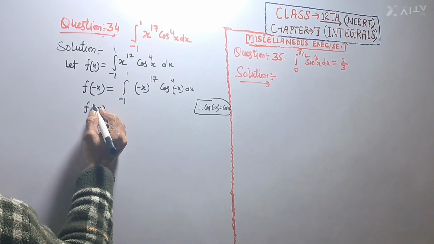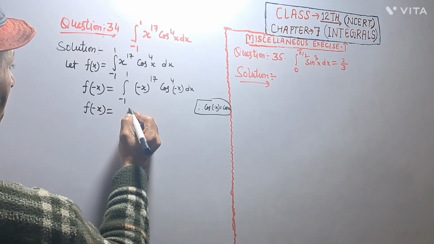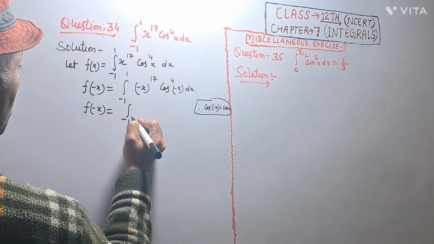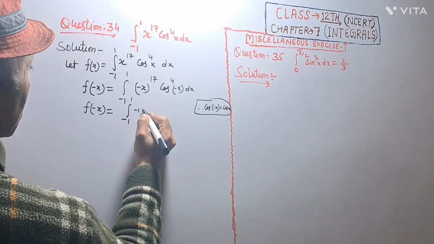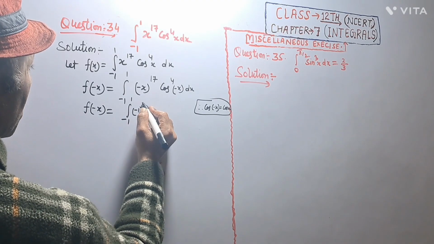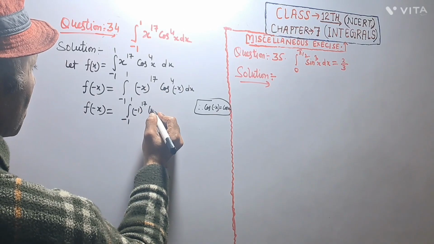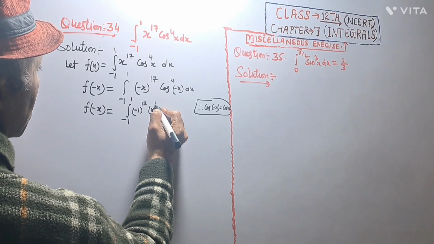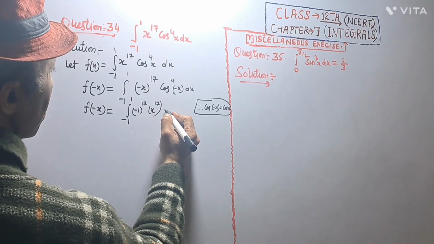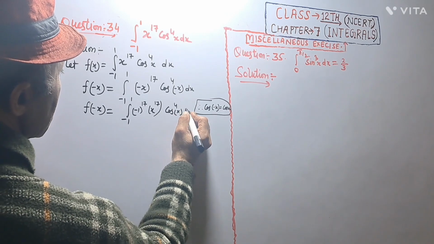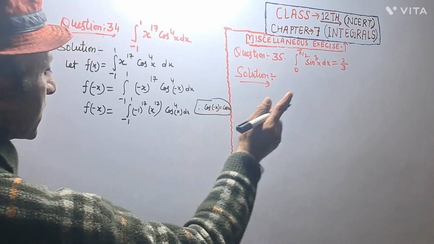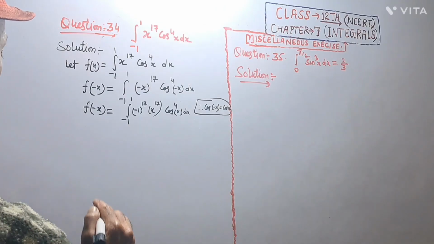So f of minus x is equal to the integral from minus 1 to 1 of (minus 1) raised to power 17 into x raised to power 17 and cos 4x dx. Cos minus x is equal to positive cos x.